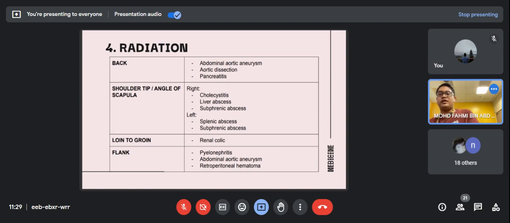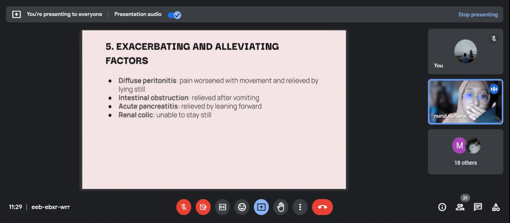Okay. Sambung Nurul. Okay, so next slide. For the exacerbating and relieving factor, for diffuse peritonitis, the pain worsens with movement and is relieved by lying still.